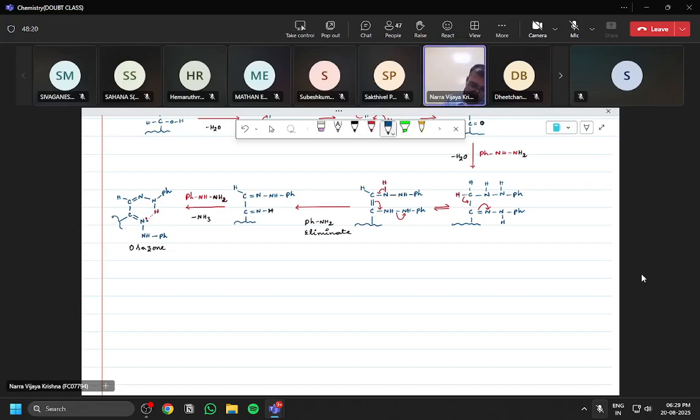Right? So glucose or fructose reacts with 3 moles of phenylhydrazine to form osazone. This osazone has intramolecular hydrogen bonding, and hence it is stable.